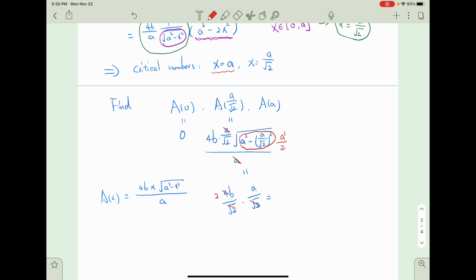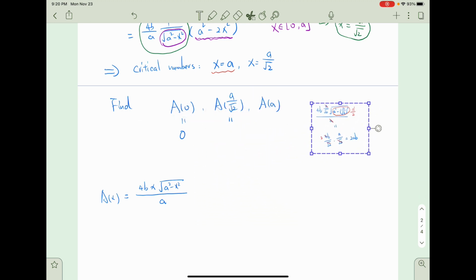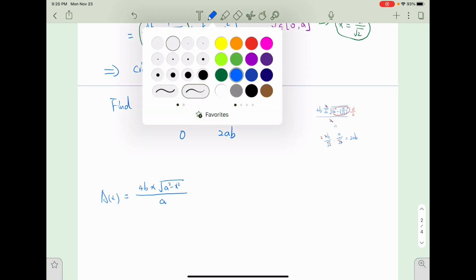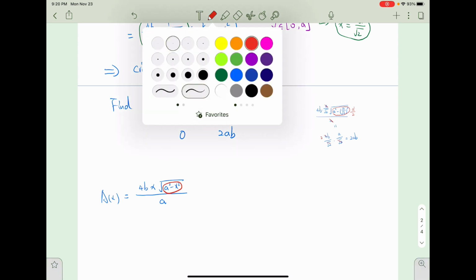So the final answer is 2ab, right? So this guy is equal to 2ab. Okay, 2ab. And we also need to plug in x equal to a. You see that if you plug in x equal to a, this guy here is 0, so A(a) is also 0.